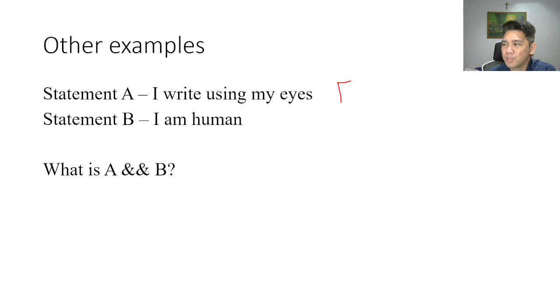This one is false. The second one, B, is I am human. This is true. Now, what is A and B? What is false and true?